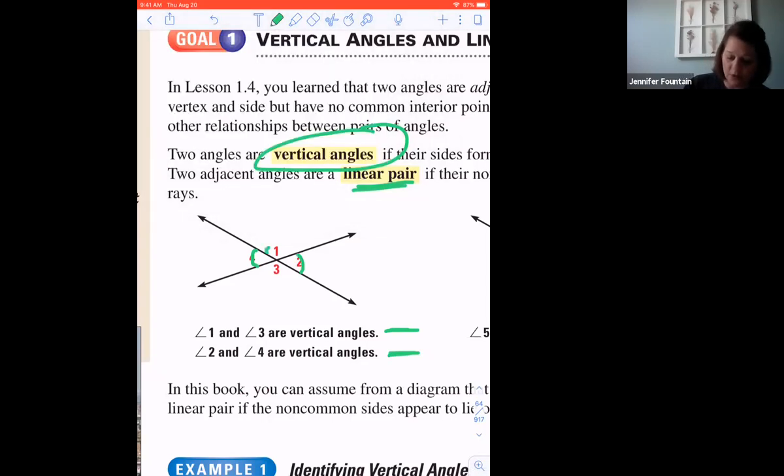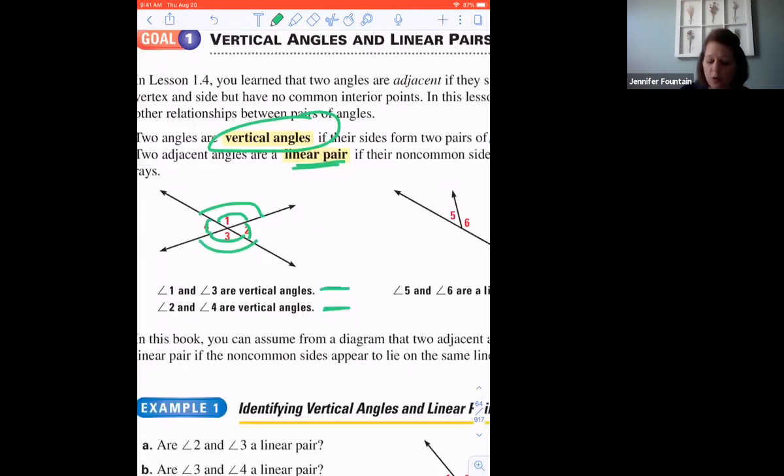And then here, I could put 2 there and 2 here, so I can see that 1 and 3 are equal. So I can use those little arcs to show that 2 and 4 are equal because they've got the same little arc. 1 and 3 have 2 arcs each, so those are equal measures as well. Okay? So 1 and 3 are vertical, 2 and 4 are vertical.